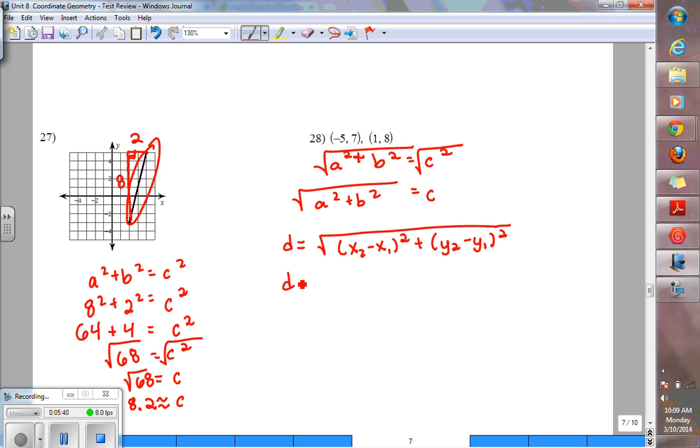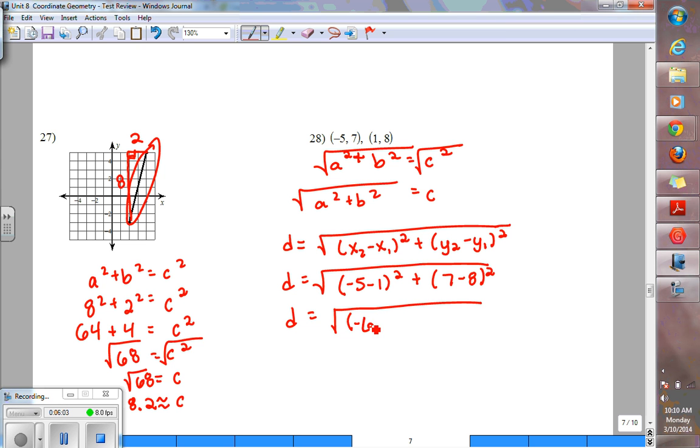I'm just going to plug in. We've got negative 5 minus 1 quantity squared plus 7 minus 8. Negative 6 squared plus negative 1 squared.